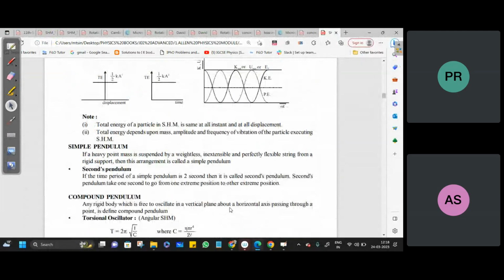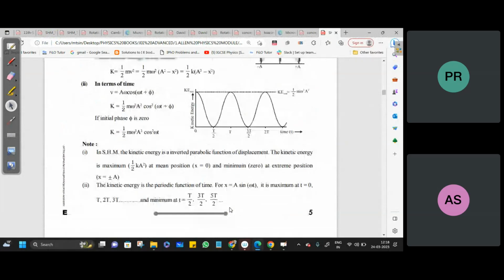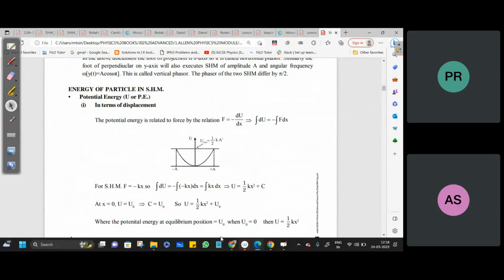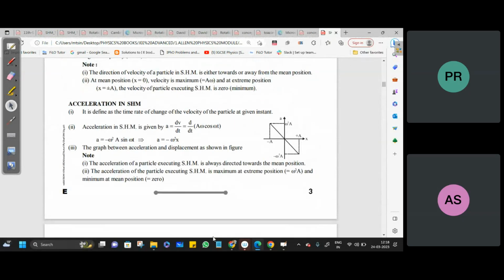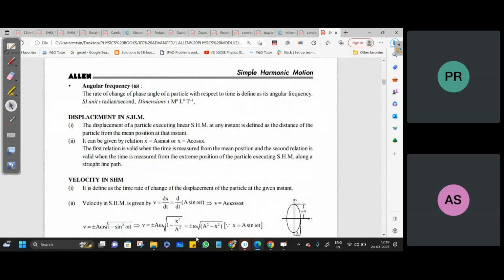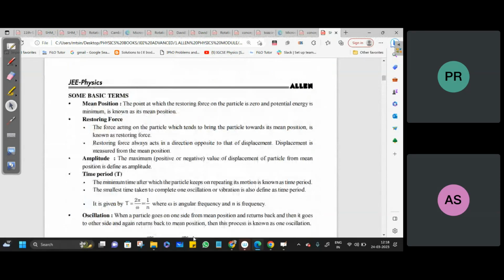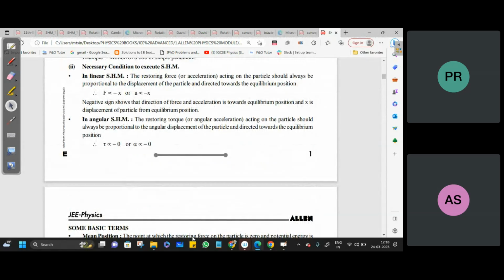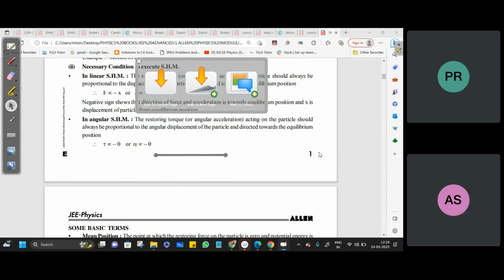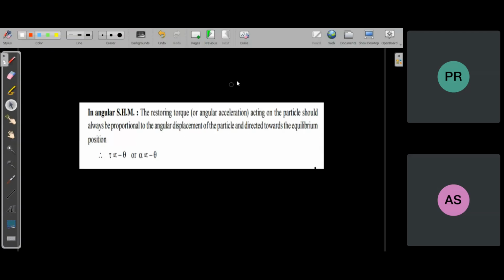You know, in angular SHM the process is exactly the same here also, but in place of force there will be torque, and you have to prove that torque is directly proportional to the angular displacement. And again the form will be alpha equals minus omega square theta, from where you will find omega square, and then you will get the time period.